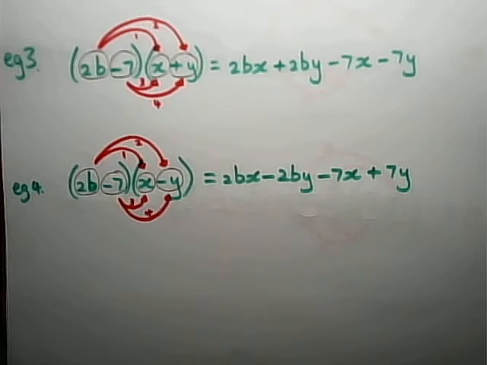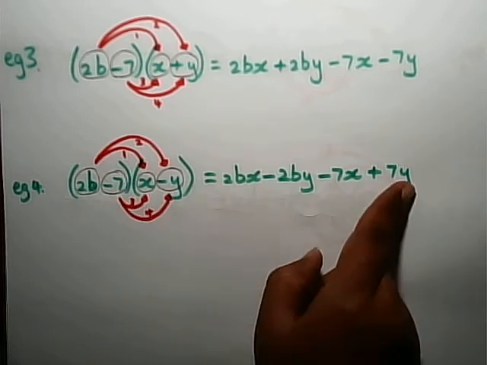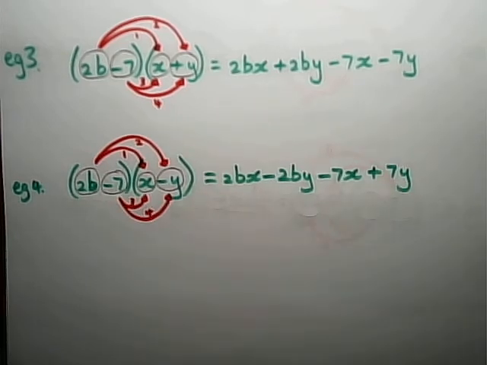So let's look at 2 more examples where you will get 4 terms, but you might get some of them being like terms, and see what happens to them. Let's move on to example 5.